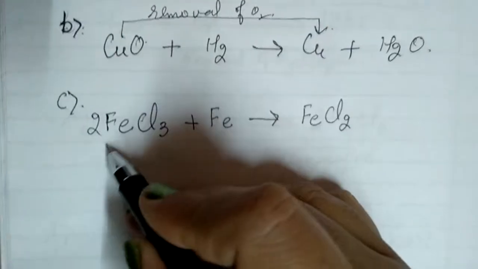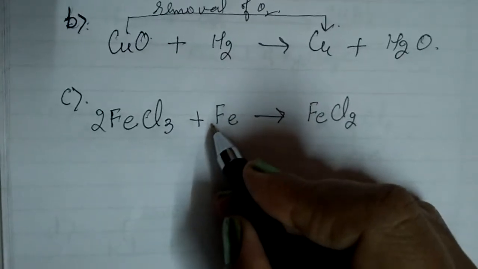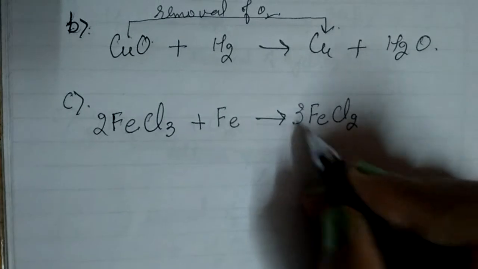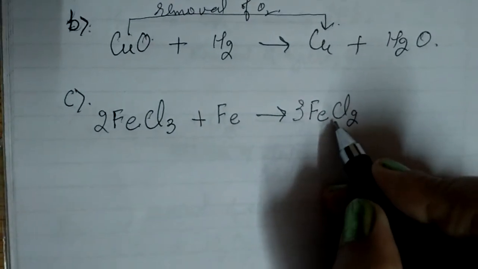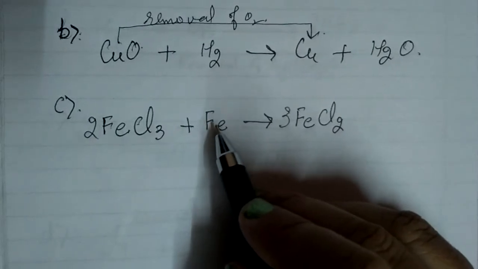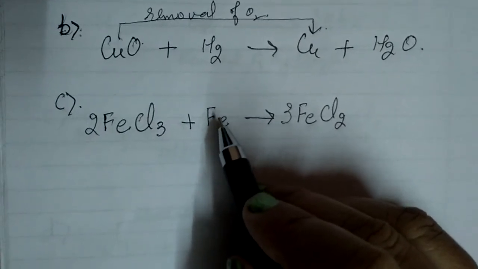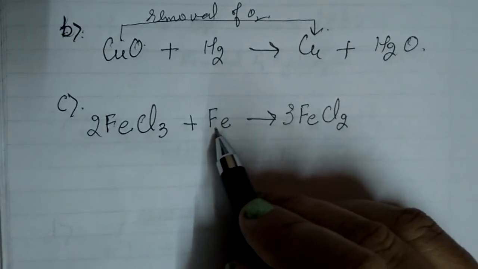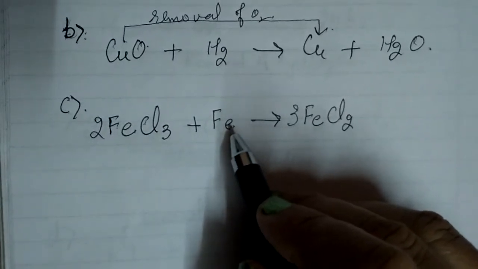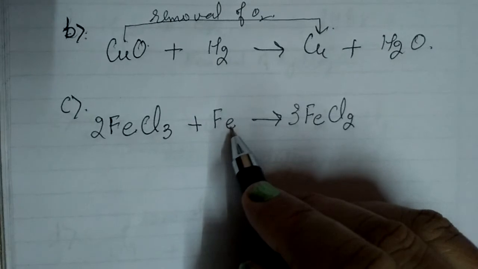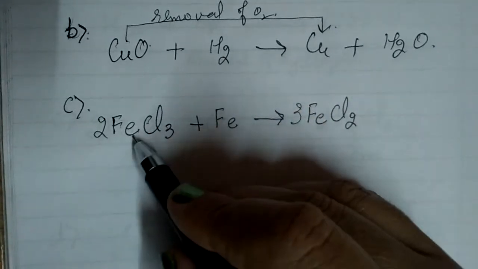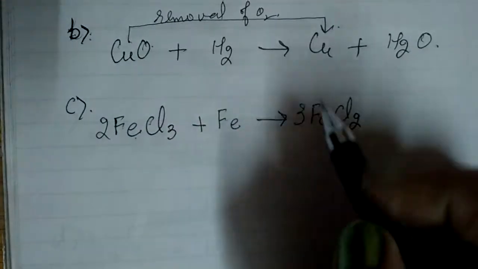2 molecules of the ferric chloride react with the 1 molecule of the iron to form 3 molecules of the ferrous chloride. Now what happens in this case? That one electropositive radical, that is what? The iron, that is Fe2 positive, okay, or Fe3 positive, because it is again having the variable valency. So this gets added to the ferric chloride to form ferrous chloride.